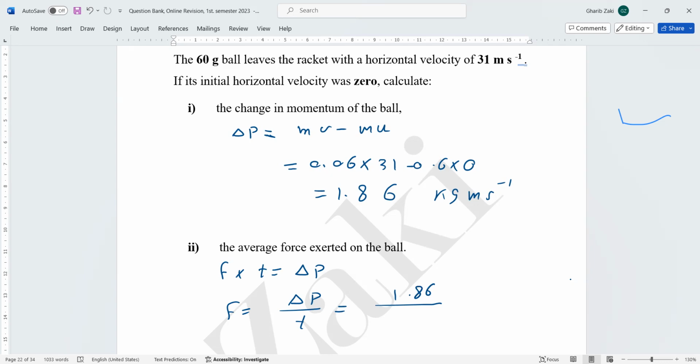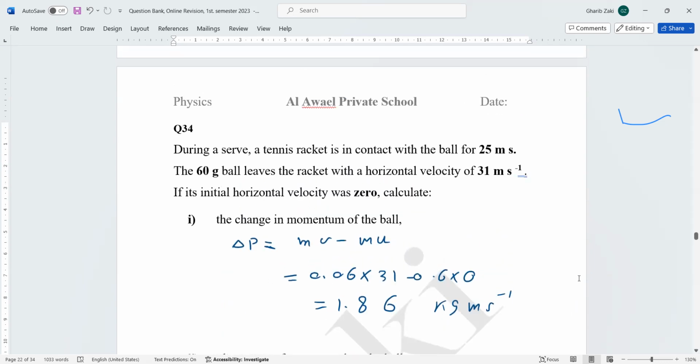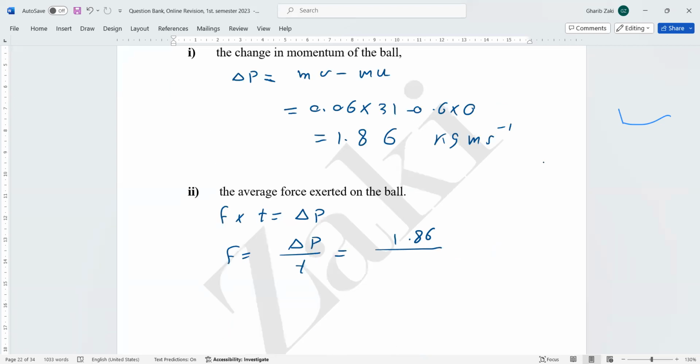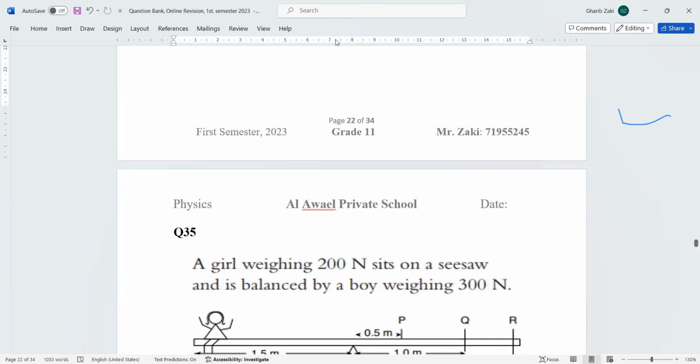The time of contact is 25 milliseconds. Milli, we multiply by 10 power negative 3. So divided by 25 multiply 10 power negative 3. So the average force is 74.4 Newton.